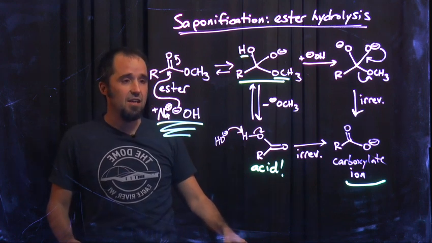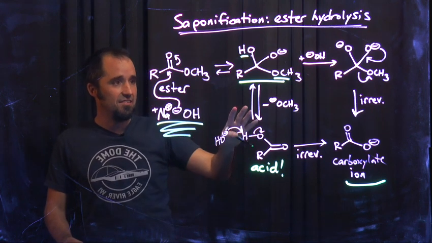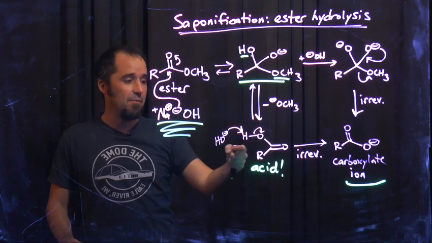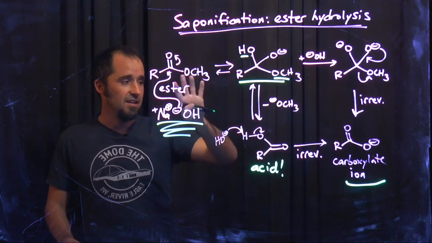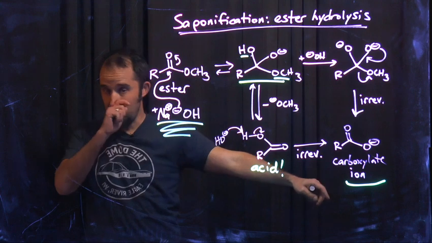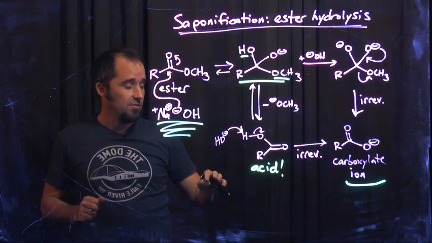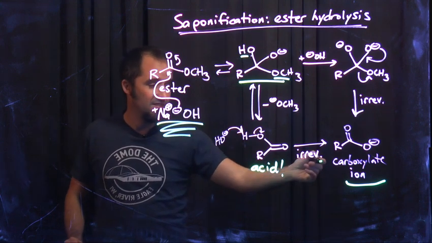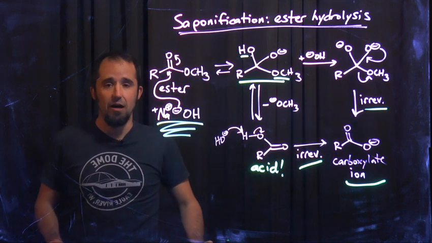So in either case, I am hydrolyzing this, but it doesn't stop at the carboxylic acid. It keeps going in base all the way to the carboxylate anion. And by doing so, it is irreversible no matter how we think about this last step.